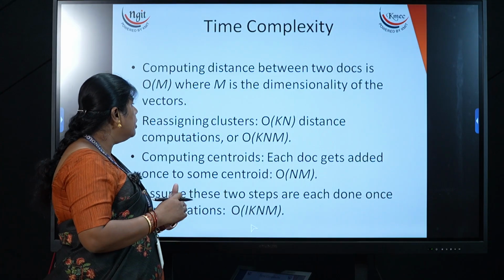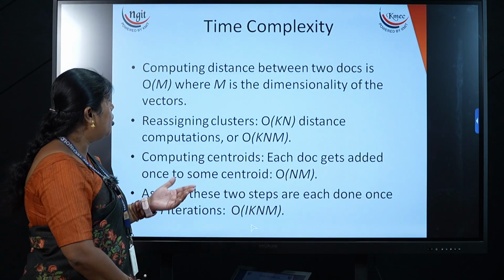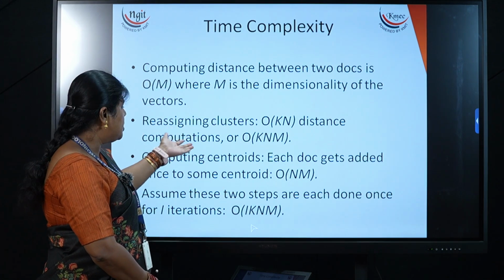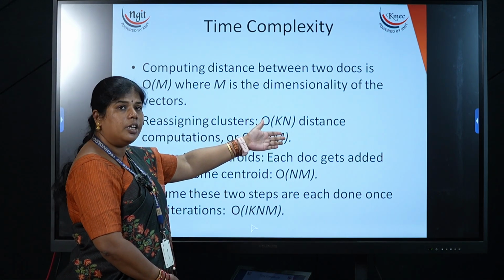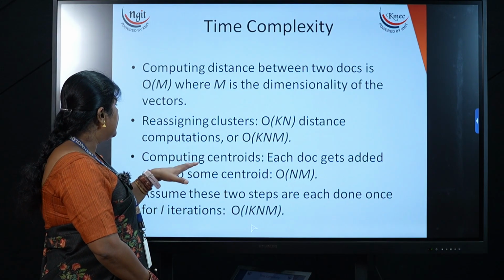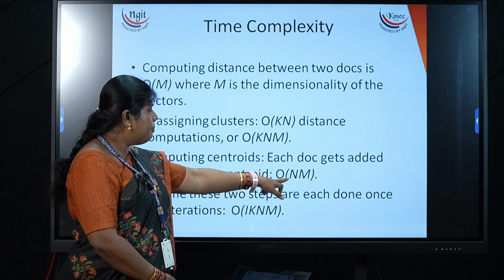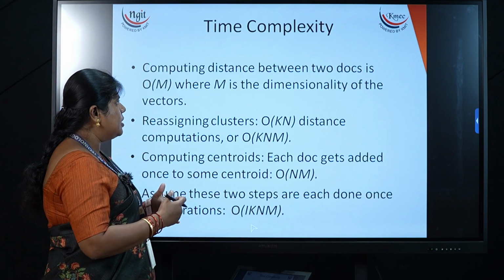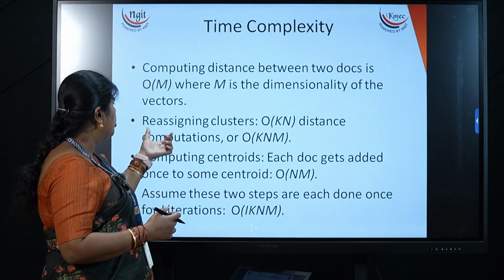Okay. Now, the time complexity is based on your M, the dimensionality of the vector, or on your number of clusters and the number of documents, and even on the number of documents and the dimensionality of each vector. So, you should consider all these factors for every step.